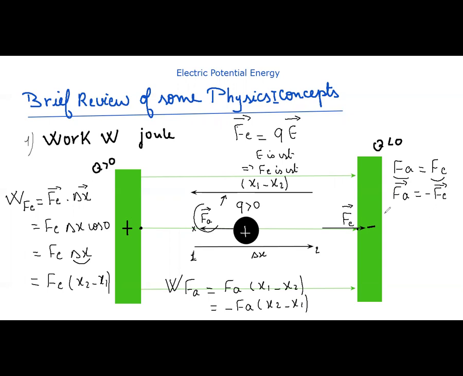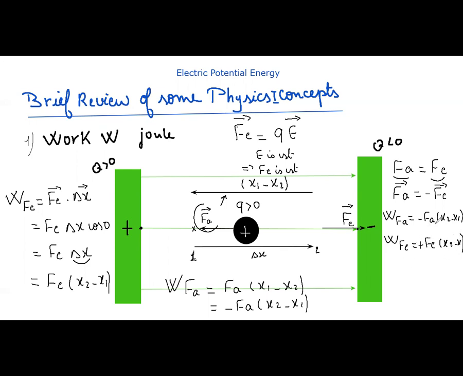As you see here, omega FA equals minus FA times x2 minus x1, and omega FE equals plus FE times x2 minus x1.